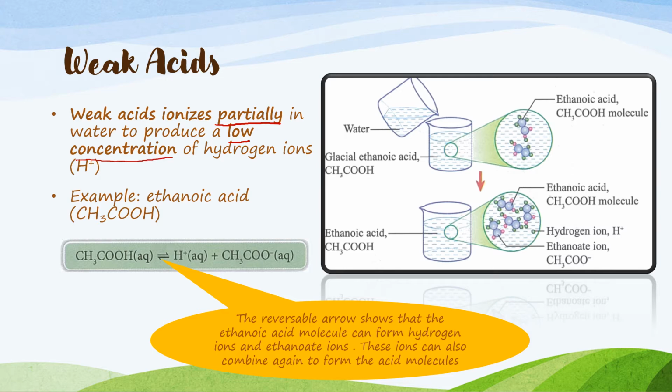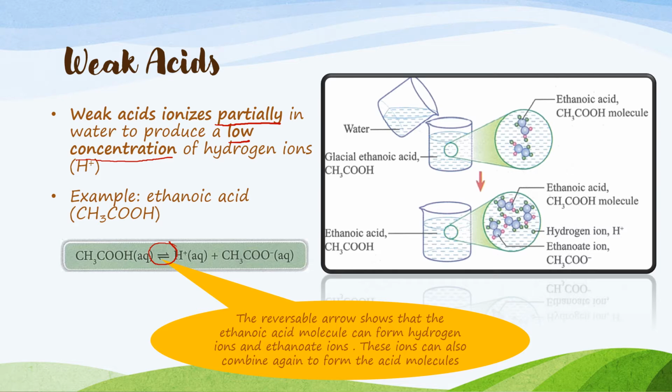Okay, and in this case, we have ethanoic acid. You have this symbol over here, the reversible arrow, to indicate that some of the acid is not completely ionized. Basically the ionization is actually reversible.